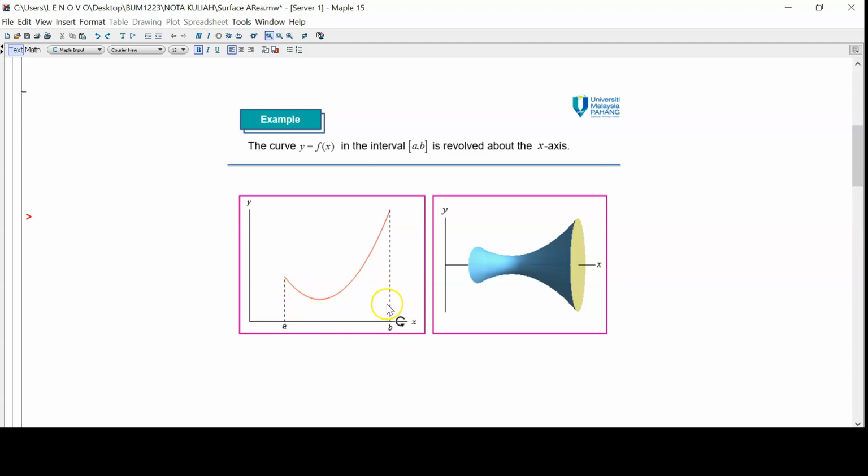But this time, we revolve this area about the x-axis. If we revolve it about the x-axis, we get an object, some kind of geometry, where we can calculate the total area by using the formula of the surface area.